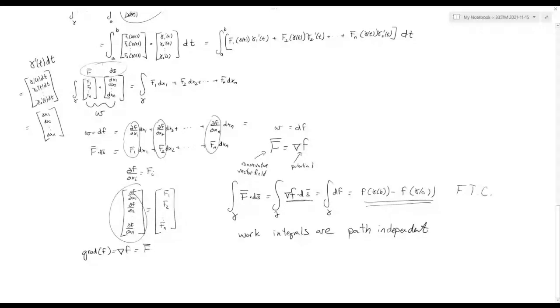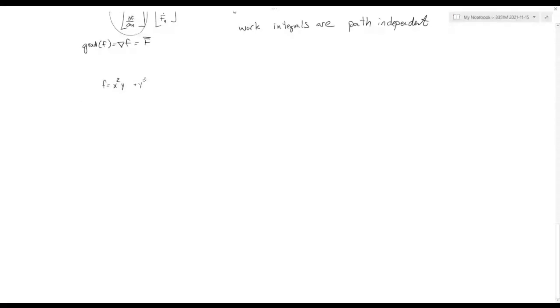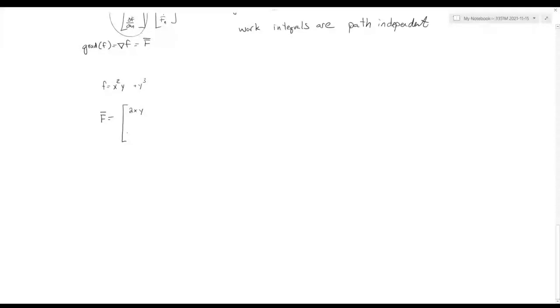Let me check in on what's going on. Yeah, so let's look at an example of this, I guess, before we move on to Green's theorem and flux integrals. All right, so suppose our vector field on R2 is (2xy, x squared plus 3y squared).